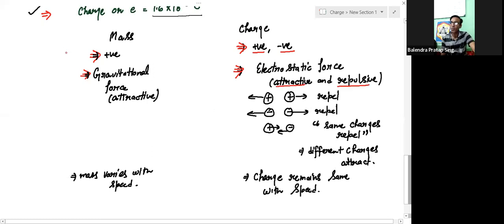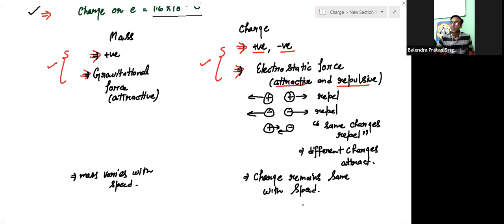These two points are important. The other point I discussed is that mass varies with speed and charge remains the same with speed. Up to now, any question?